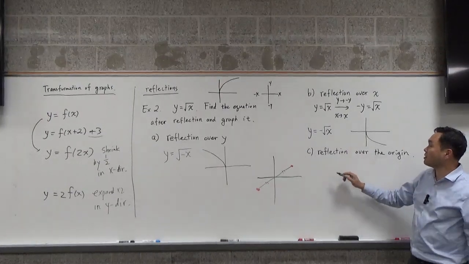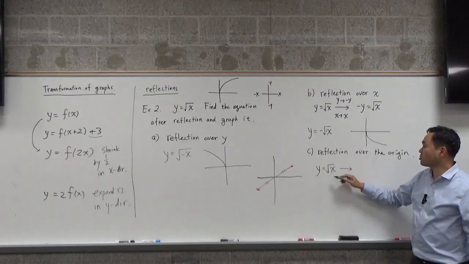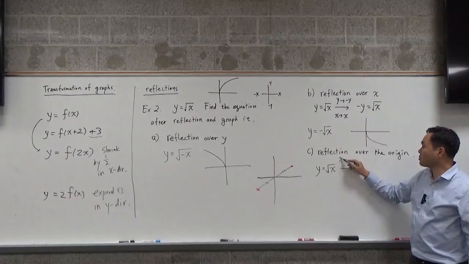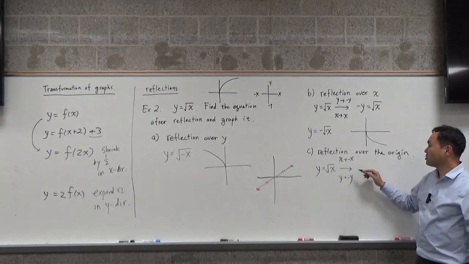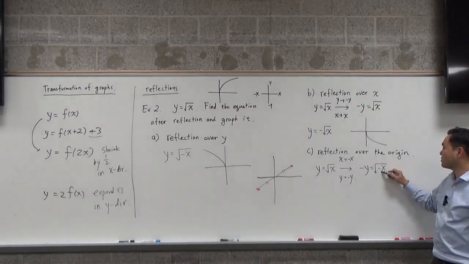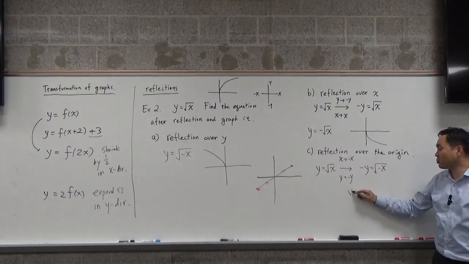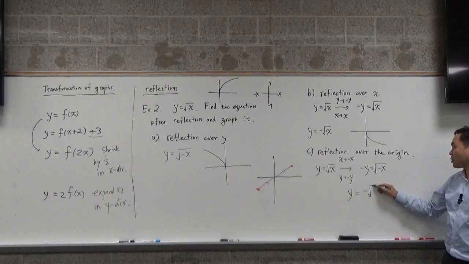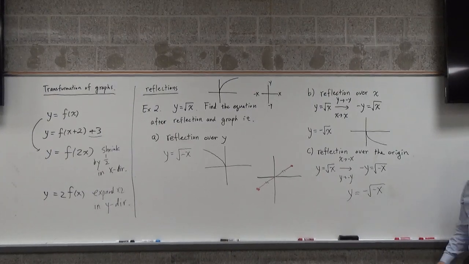Okay, so starting from y equals the square root of x, x becomes negative x and y becomes negative y. So the end result is that you have negative y equals the square root of negative x. Again, you want to solve for y and write down y equals negative square root of negative x. Okay? So that's the equation.